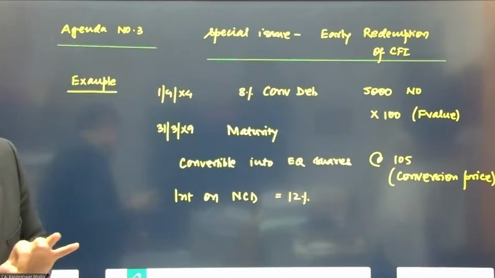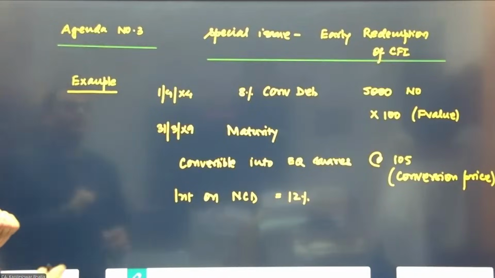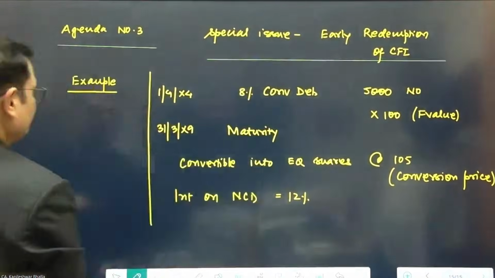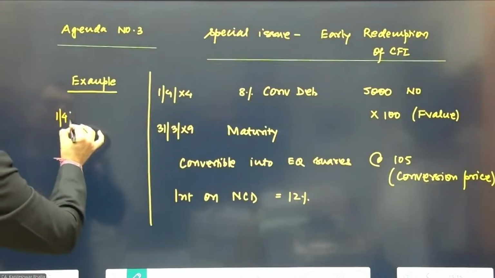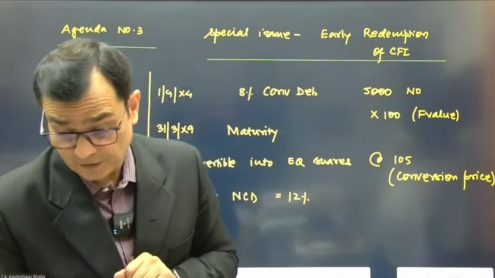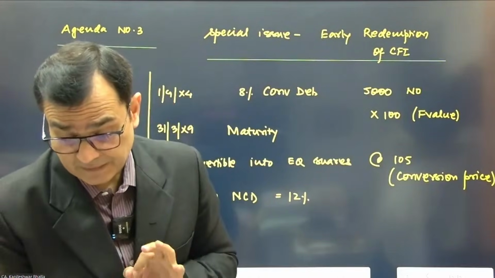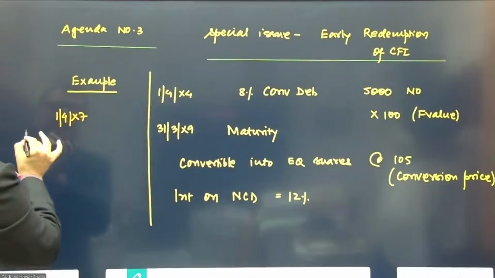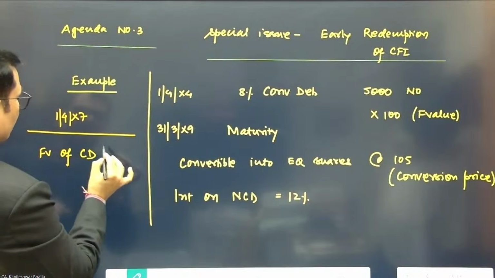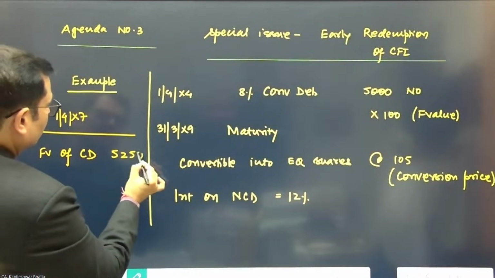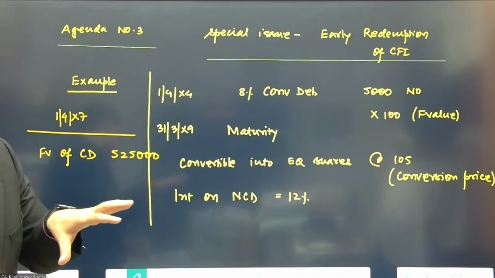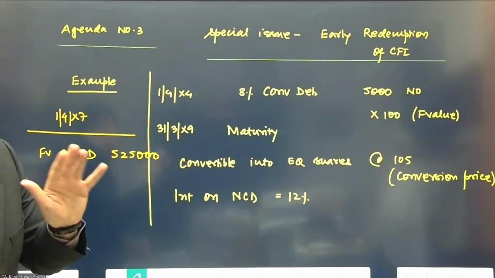Let's give you more data. So now let's say on 1st April X7, which is after a period of 3 years, the fair value of the convertible debenture is 5,25,000, and the offer is made to the debenture holders that you can take this money.